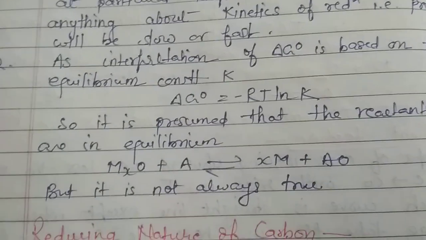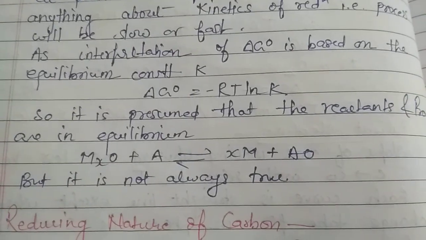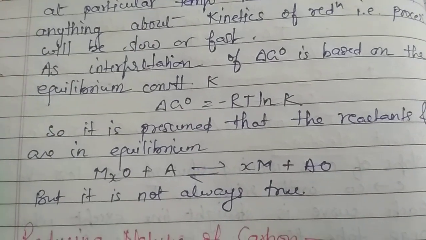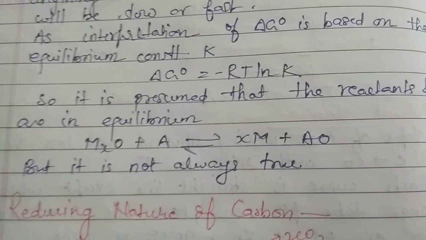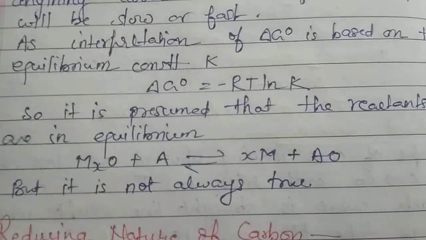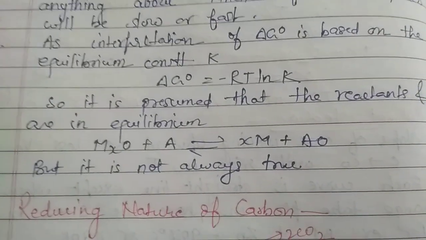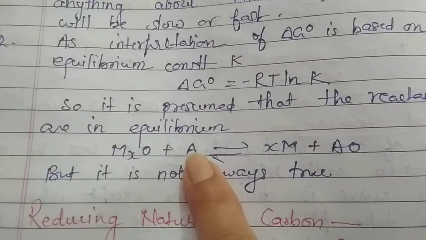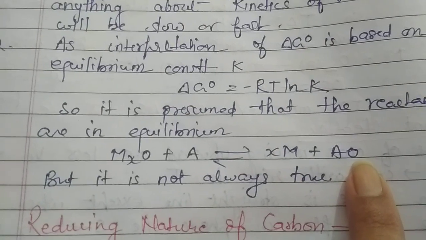The next limitation of the Ellingham diagram is, as we have studied in class 11th in the thermodynamics and equilibrium chapters, that del G naught is also based on the equilibrium constant, and they are interrelated, like del G naught is equal to minus RT ln K. It means in the Ellingham diagram it is assumed that reactants and products are in equilibrium, like a metal oxide reacting with a reducing agent to form the metal and the reducing agent's oxide.